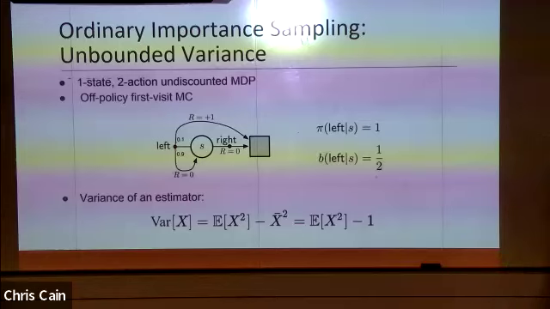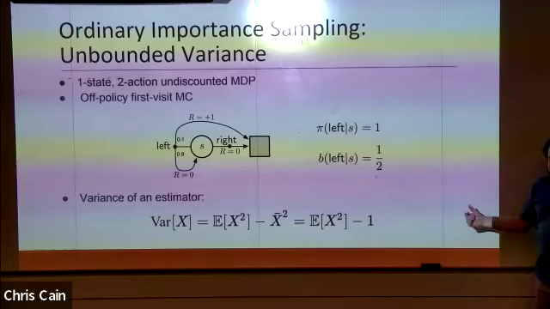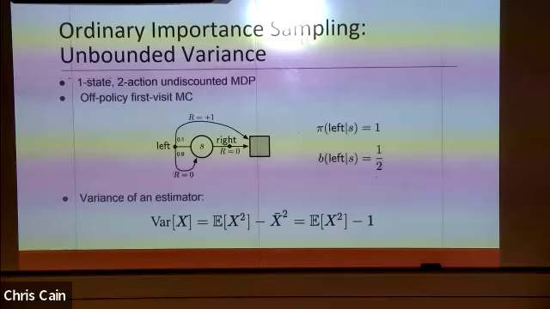Does that make sense? We're just looking at theoretical guarantees here. You do this long enough, it is very, very likely that you've learned that left is better than right. But there's no guarantee, because there is a probability greater than 0 that you've never seen it.